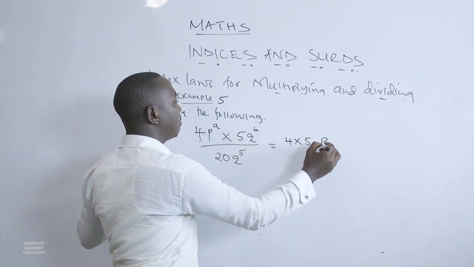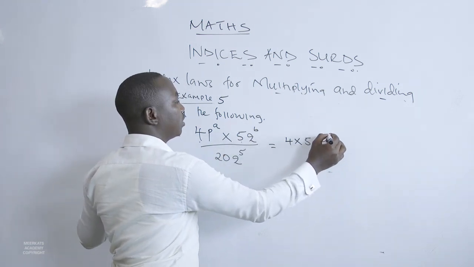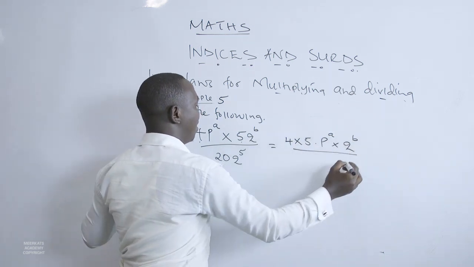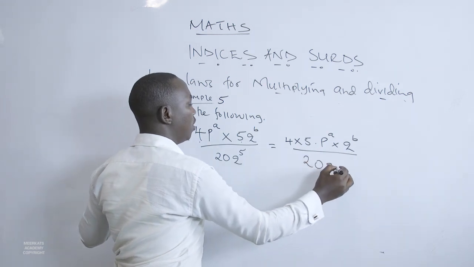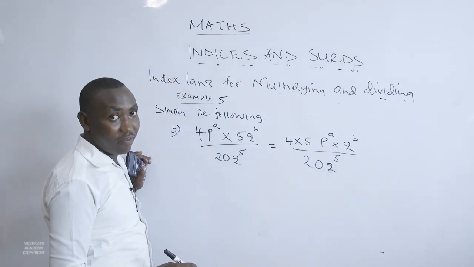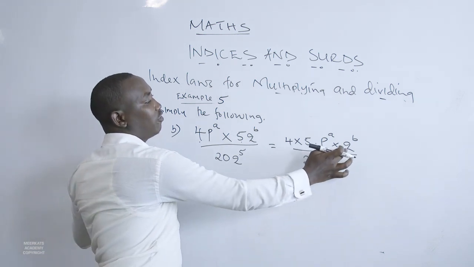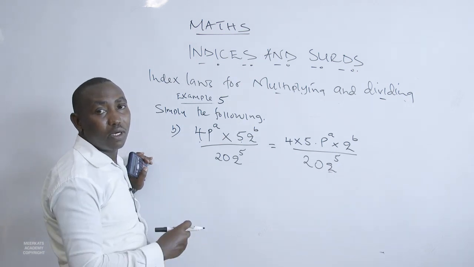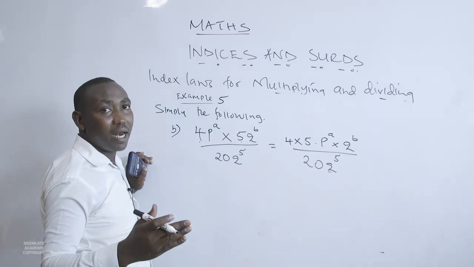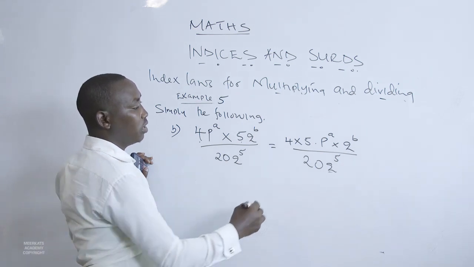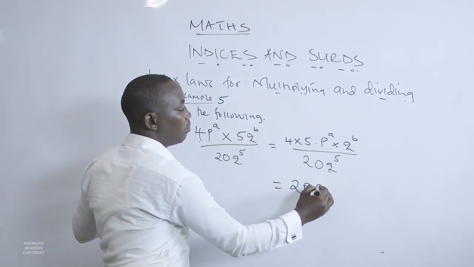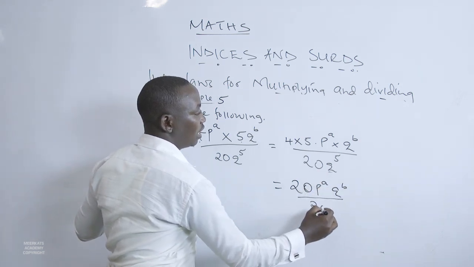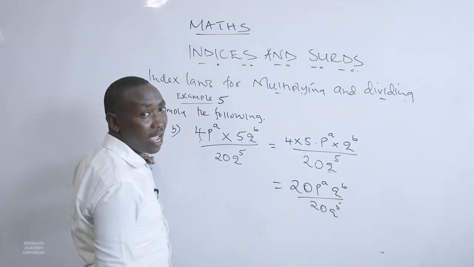Then this is multiplied by P raised to A multiplied by Q raised to B, over 20Q raised to the power of 5. Now, because the factors P and Q are not the same, we cannot just go ahead and add the powers. So this shall give us 20P raised to A, Q raised to B, all over 20Q raised to 5.